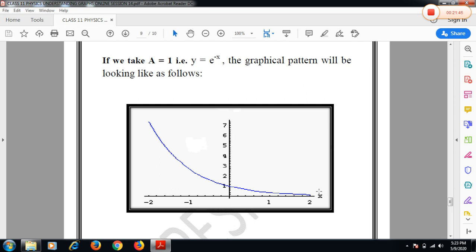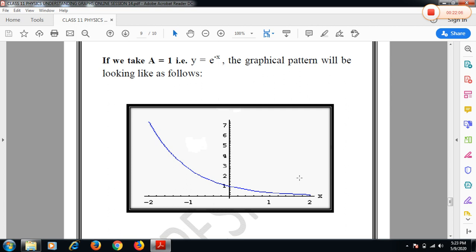So for no finite value of x, no positive finite value of x, will the graph intersect the x-axis, right? So this type of graph can also be called an asymptotic nature graph.